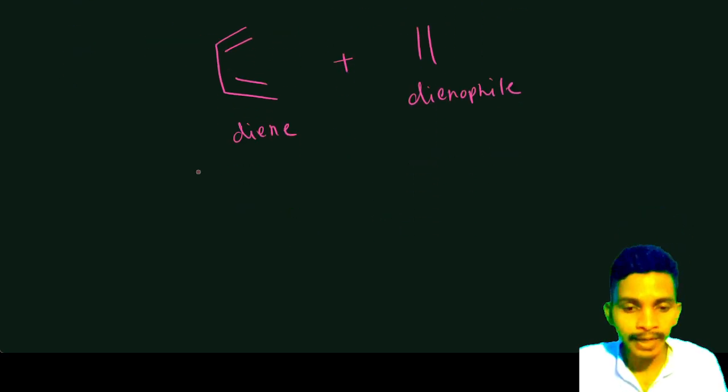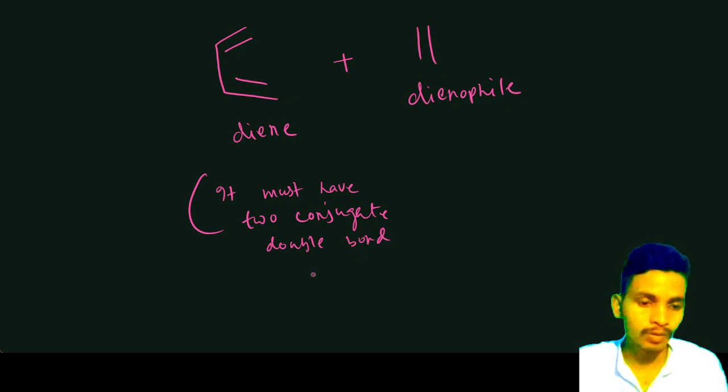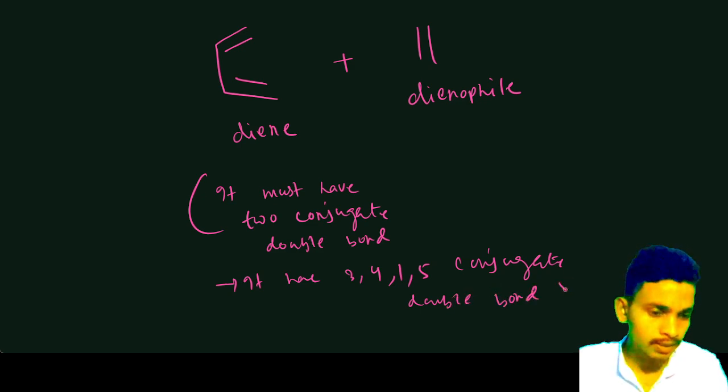For the dienes, the condition is that they must have two conjugated double bonds, not like 3,4 or 1,5 conjugated double bonds. Then this is not a diene.